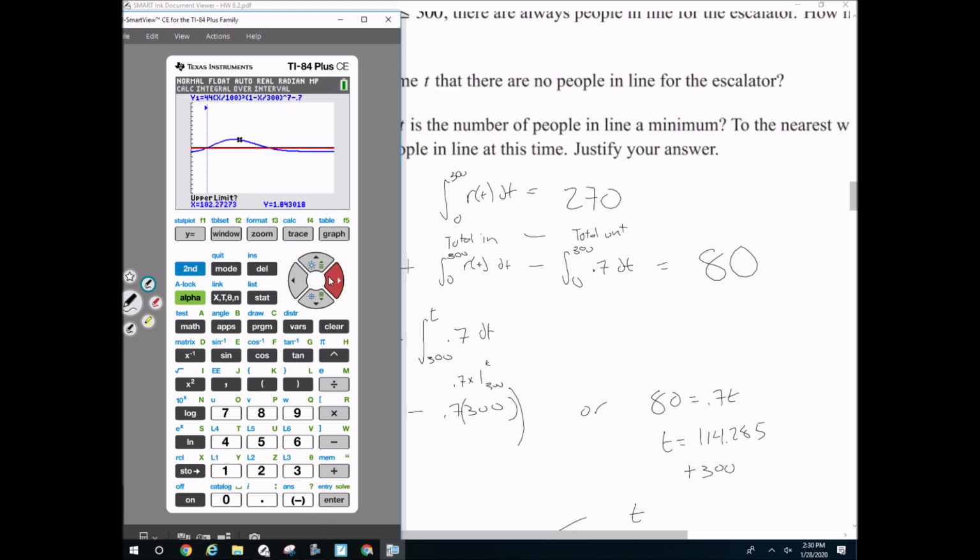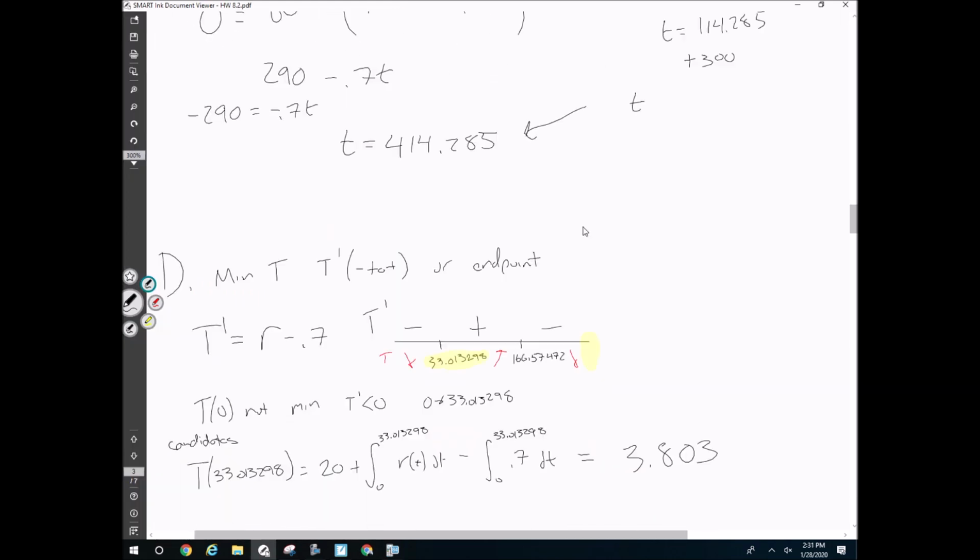And just as an approximation, the total amount that I added would be like 154 people. Let's find the area between here to 300. This is just an approximation. That's only 77. So I had 80 people. I added 150 people.